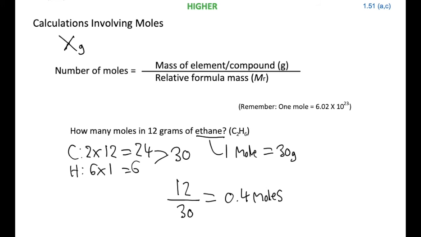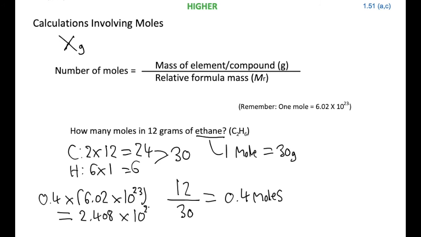All we do is multiply the number of moles, which is 0.4, by Avogadro's constant. 0.4 times 6.02 times 10 to the power of 23 is equal to 2.408 times 10 to the power of 23, which is still a huge number. So I hope this is making some sense at this point.